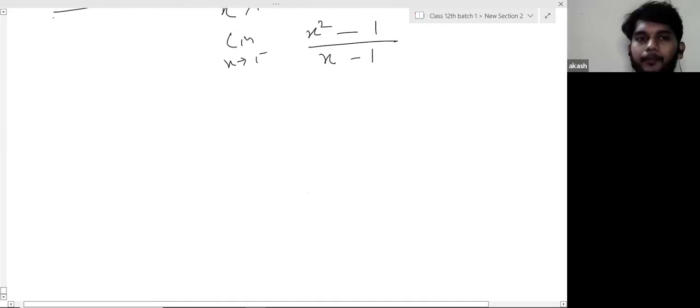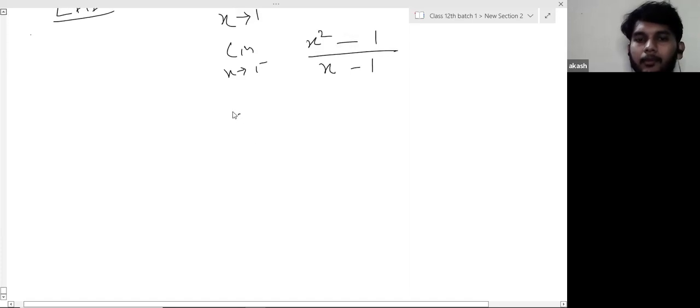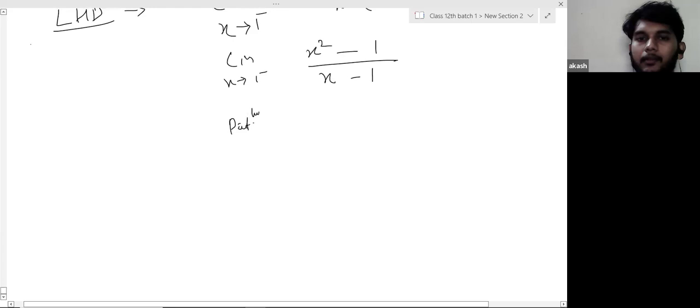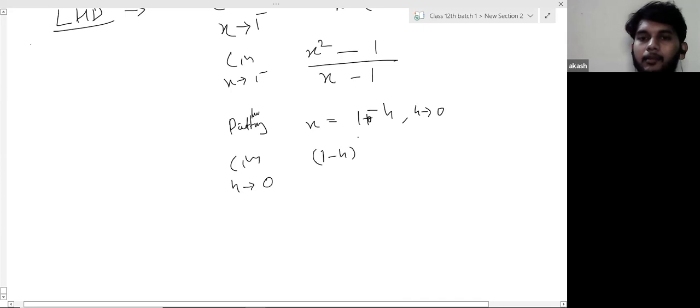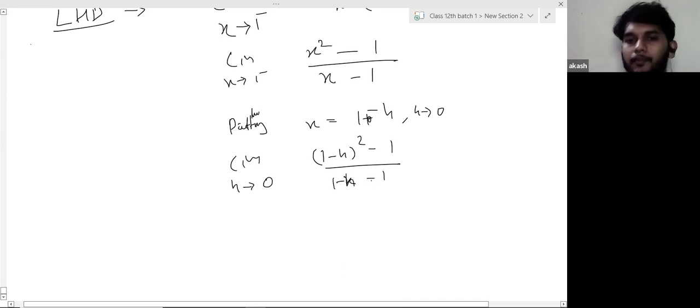So putting x equals 1 minus h, h tending to 0, we get limit h tending to 0, (1 minus h) whole square minus 1 upon 1 minus h minus 1.